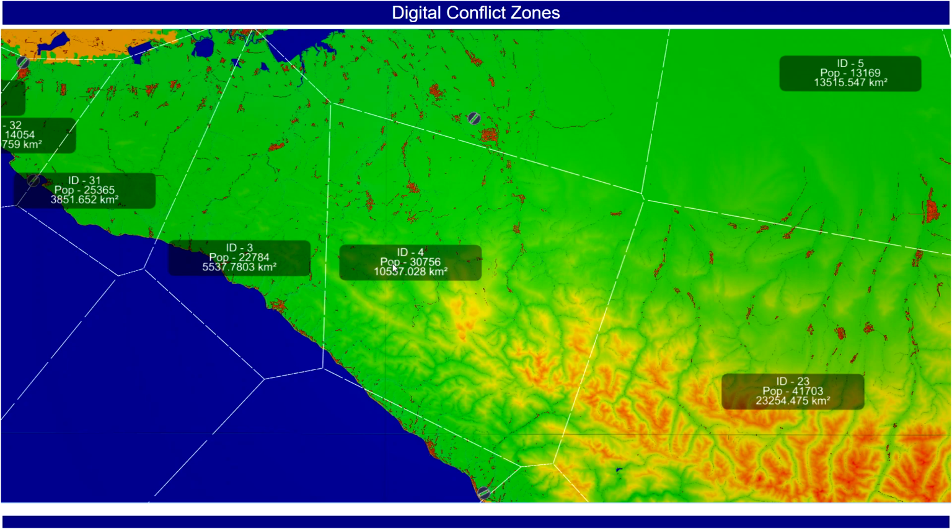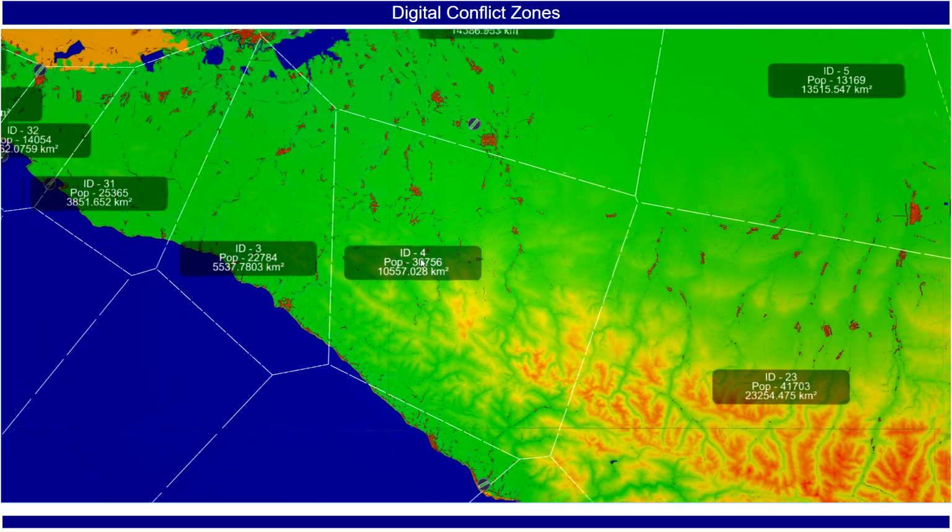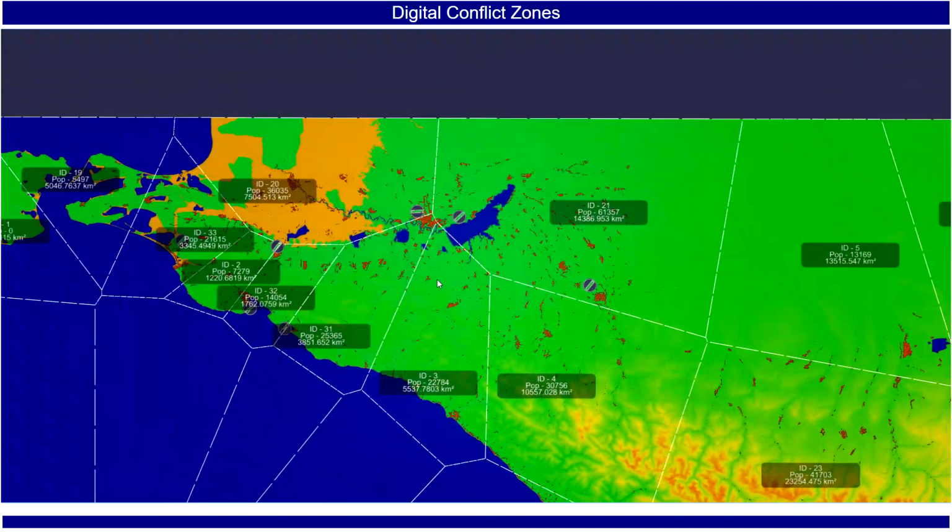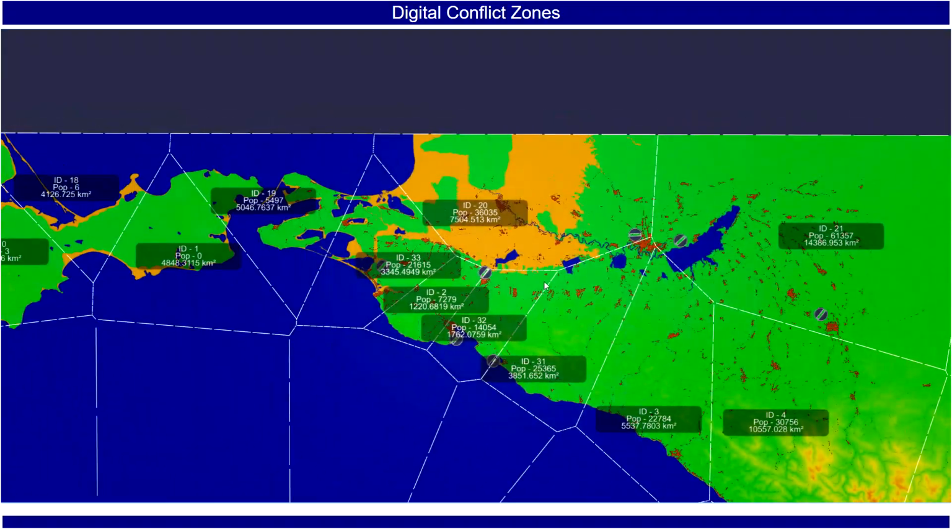So for example, if you hold the conflict zone with the ID 4, you would become every round that passes in the game 30,756 credits. But the higher a population is in one conflict zone and the more credits you would gain from one conflict zone, the lower is the amount of fuel or oil or gas you can take from that conflict zone.